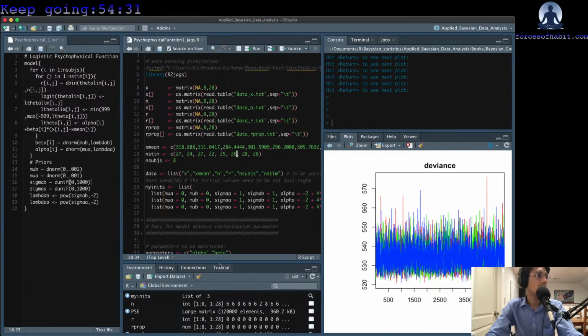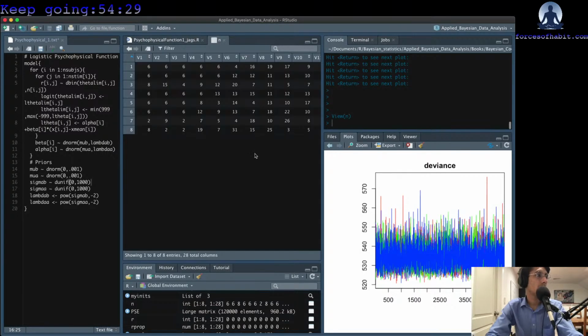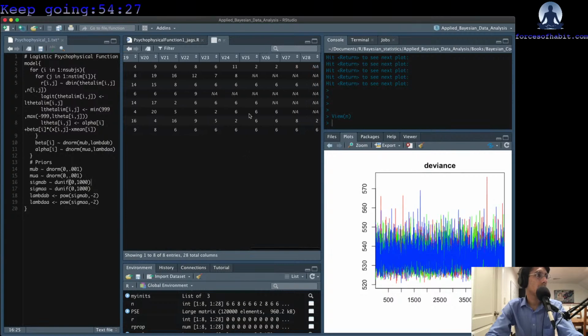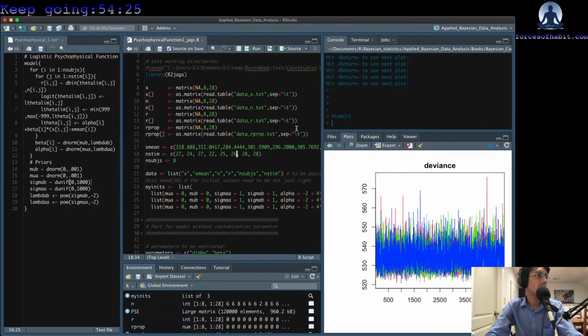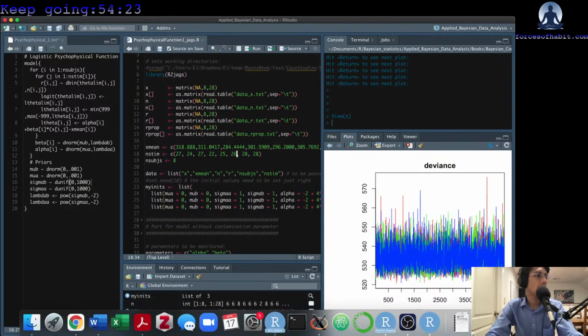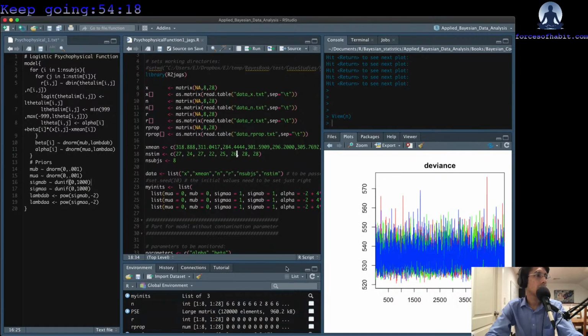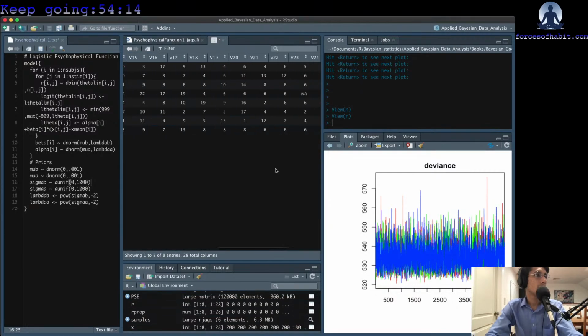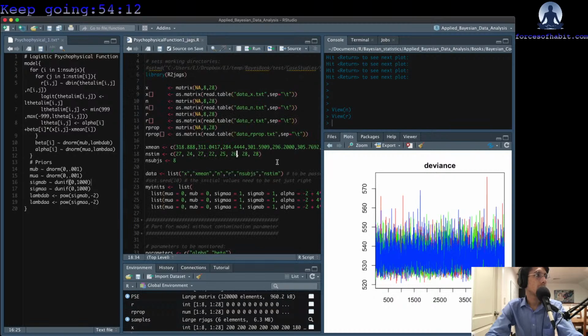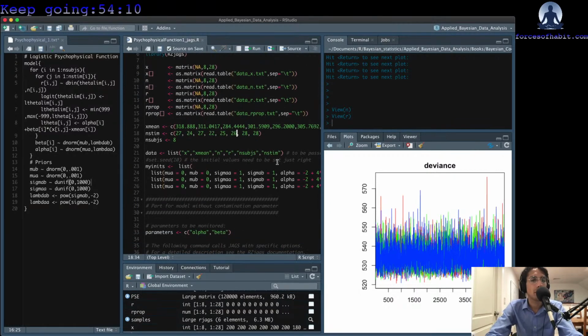And then the number of trials for subject 8. 6, 6. It might be something with their data in particular.